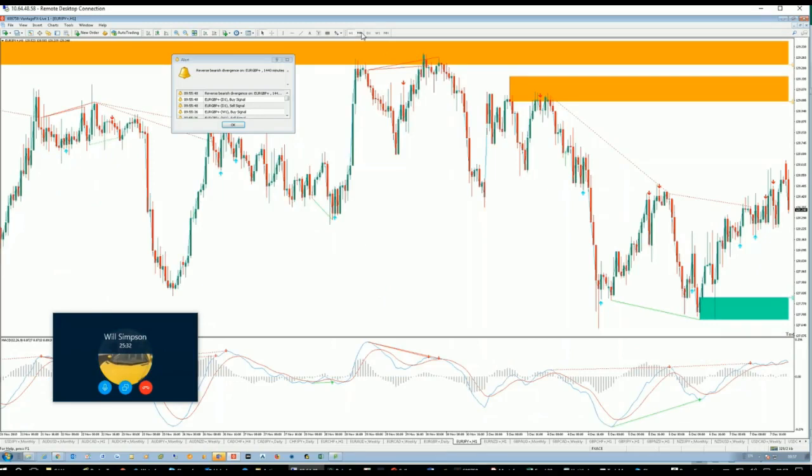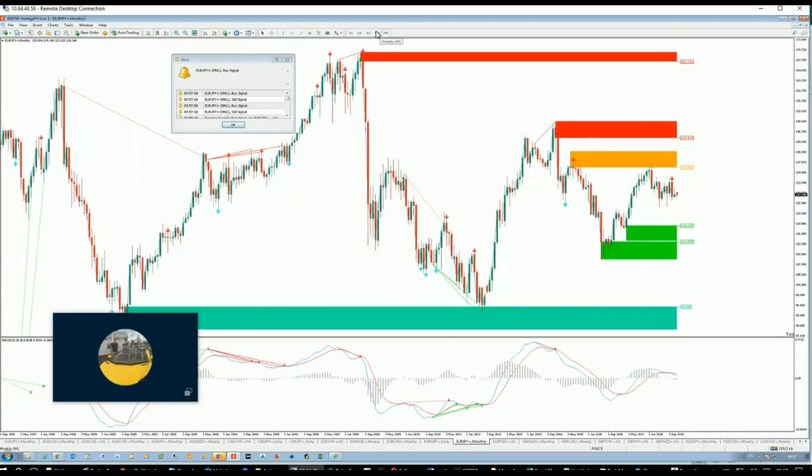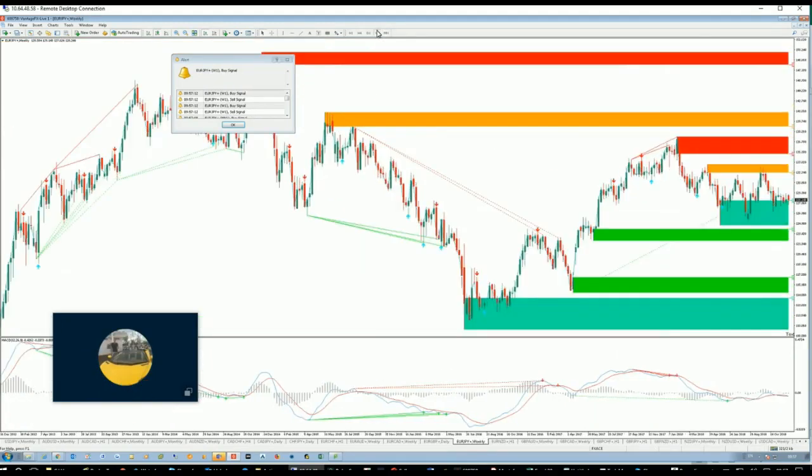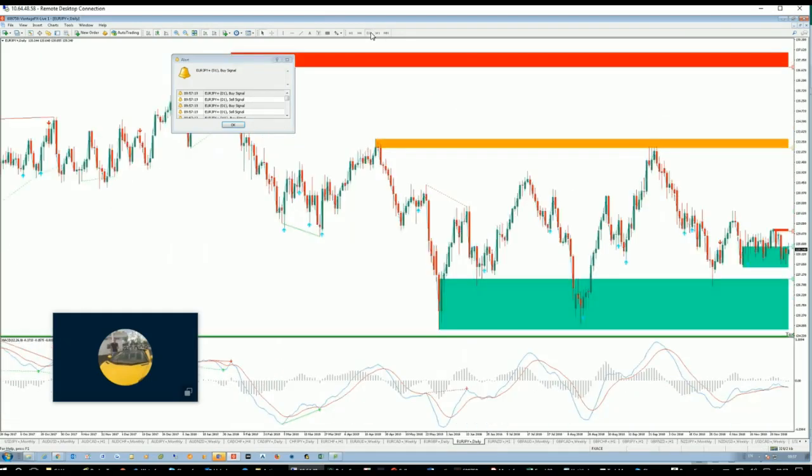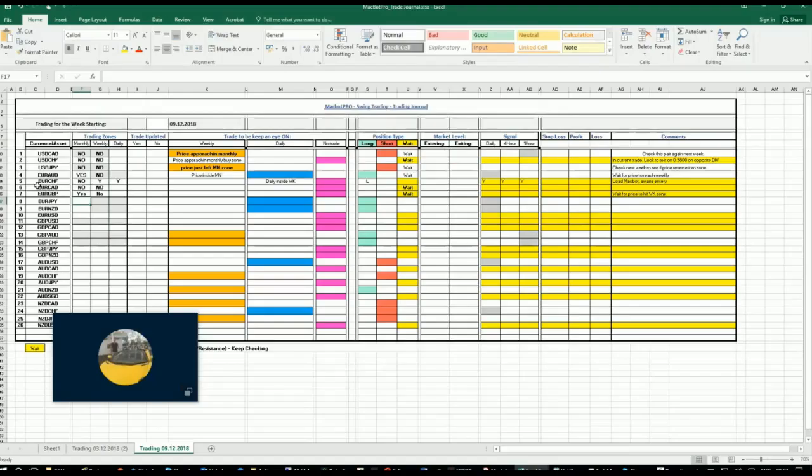Let's go through. It's in the weekly buy zone. So if you go into daily, it's also in a daily buy zone. Okay, so what do you need to fill in?